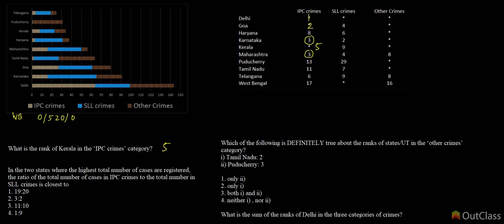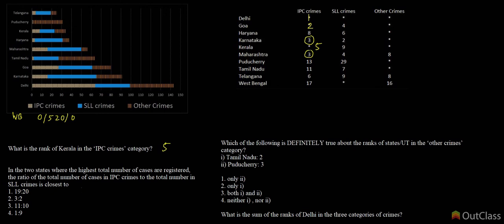The second question is, in the 2 states where the highest total number of cases were registered, what is the ratio of IPC to SLL? So those 2 states would be Delhi and West Bengal. Delhi has a total of 140 something, I'm guessing 143 maybe. And West Bengal we know is 520, of which all are SLLs.